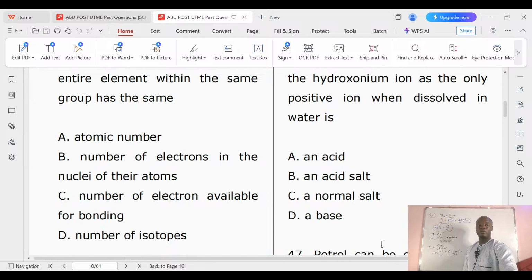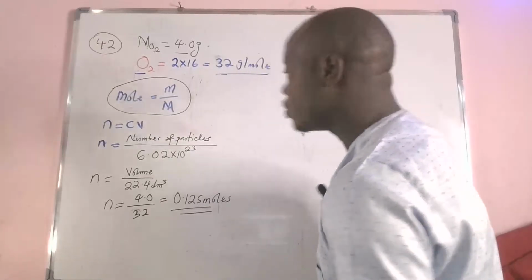So let me ask you, please, what do you think could be the answer to this? When we say elements are in the same group in the periodic table, let me just give an example. Let's say we have elements like sodium.